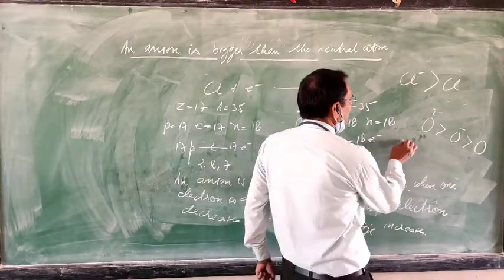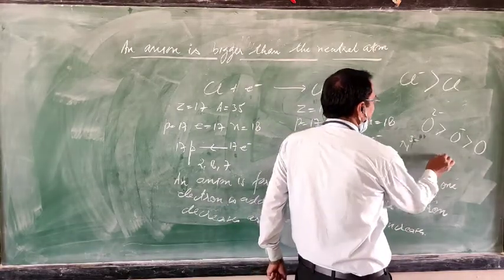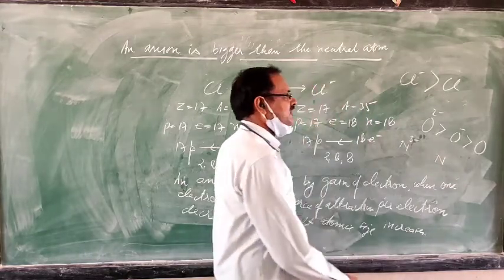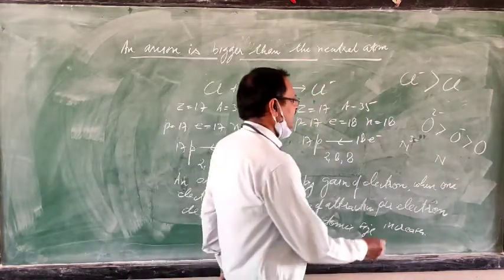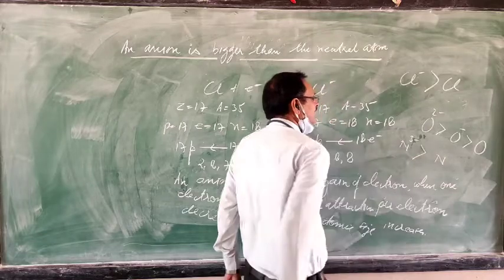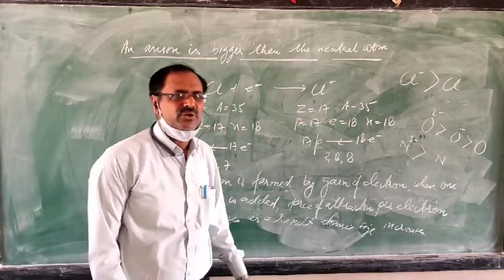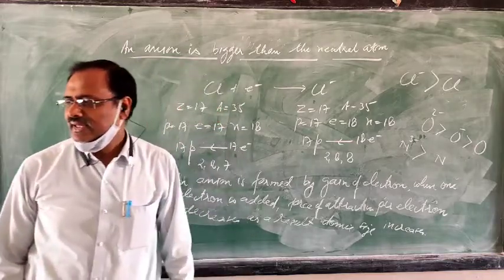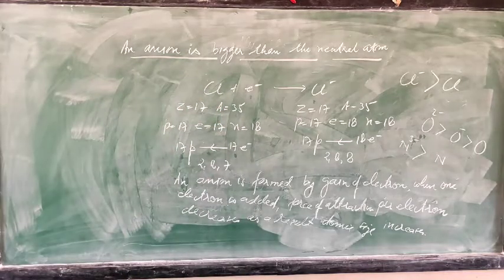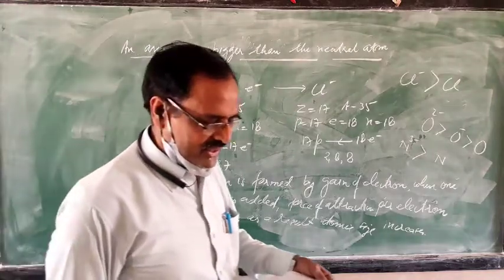In the same way, if you take N3 minus and N, nitrogen and nitride ion, this nitride ion will be bigger than the neutral atom. So keep in your mind that a cation is smaller than the neutral atom and an anion is bigger than the neutral atom.